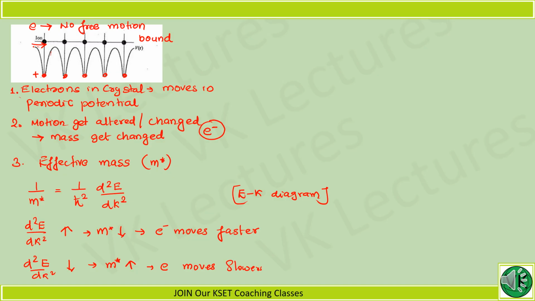One more thing we will add to that. The same concept: d square E by dk square for a large value will be very steep. The curve will be like this.